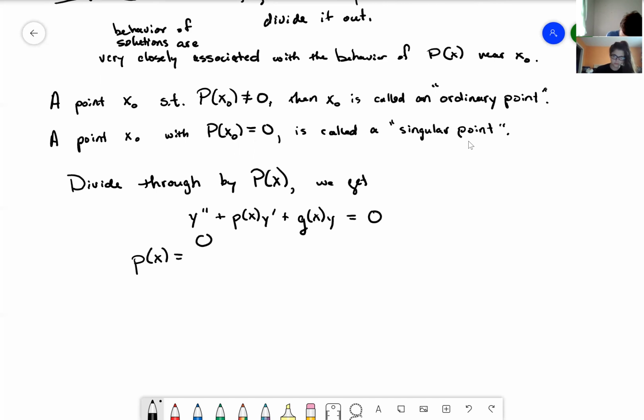Little p of x is equal to capital Q of x over capital P of x, and little q of x is equal to capital R of x over capital P of x. Basically, we've just got it into the form that we're kind of used to for linear ordinary differential equations.